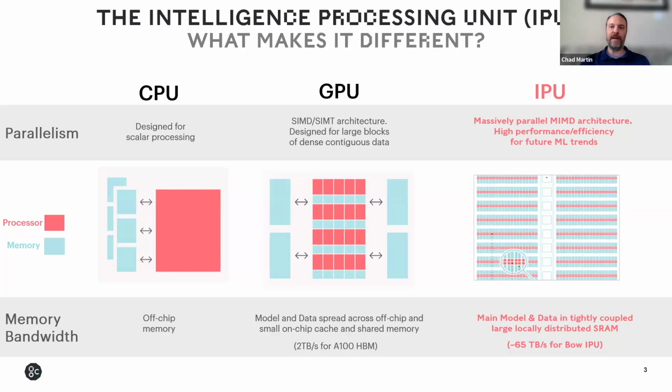So it's dramatically faster than what you can get with off-chip memory, and then has lower power since you're not moving it back and forth as much. Because of that, we don't have caches in the same sense of other architectures today. I'll explain a little more later why that is beyond just the close memory.